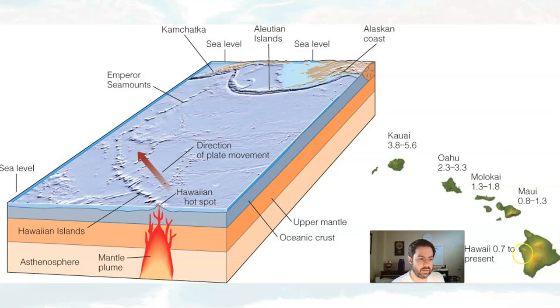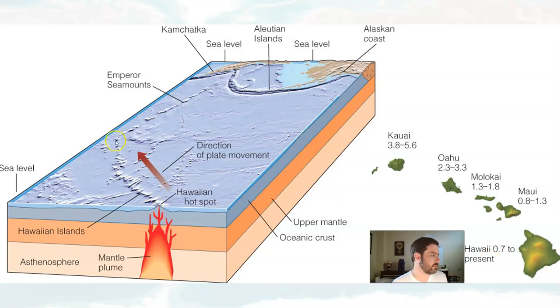Is that the name of the island? Maui, I believe, is also volcanic, but as you get further away, not only are they getting smaller, but they're no longer volcanic. This was volcanic 3.8 to 5.6 million years ago, and you can see Hawaii has now been over that hot spot for 0.7 million years, so 700,000 years, all the way to the present.